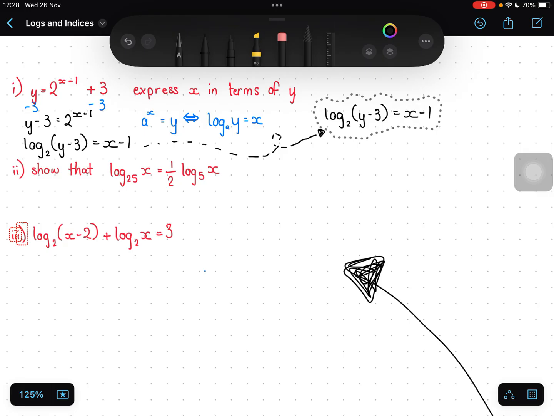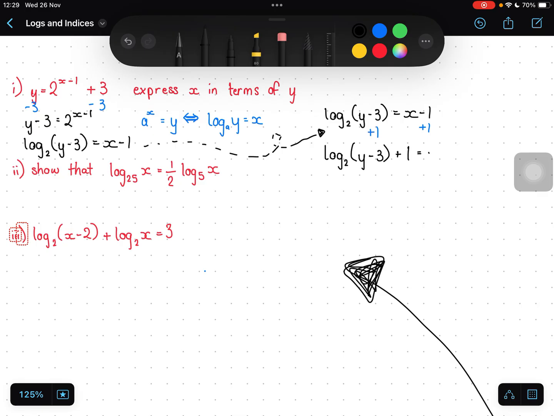The only thing that I still need to do to get x on a side by itself is get rid of the 1 that's subtracting, so that I get log the base 2 of y minus 3, plus 1, is equal to x.